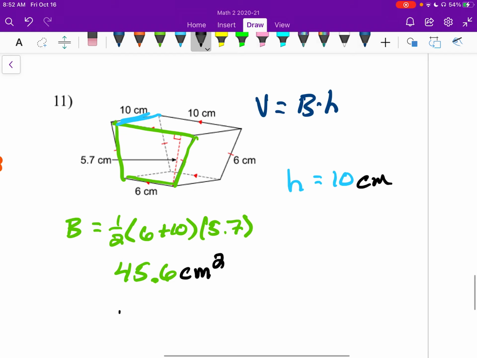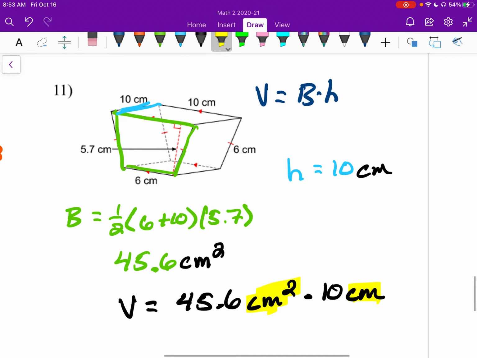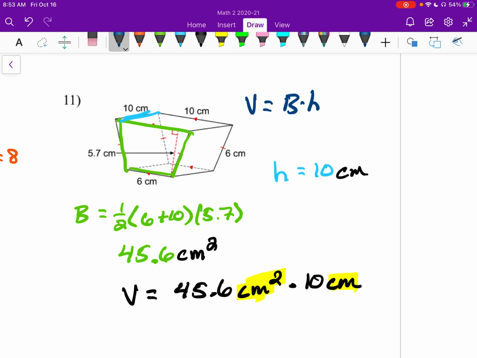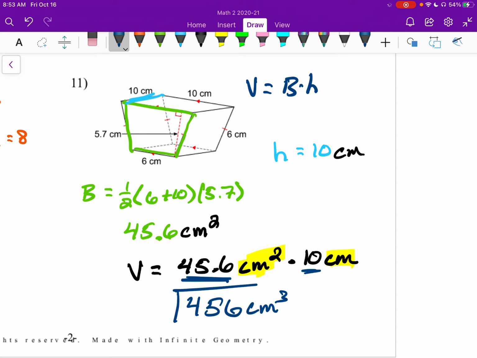So whenever we multiply that together, we have volume equals 45.6 centimeters squared times 10 centimeters. I combine these centimeters together to give me centimeters cubed, right? I'm just trying to show you how we get that centimeters cubed, or why it is centimeters cubed. That gives us 456 centimeters cubed. Right? The 10 and the 45.6, just move the decimal point. And that's our answer. All right, that's volume.